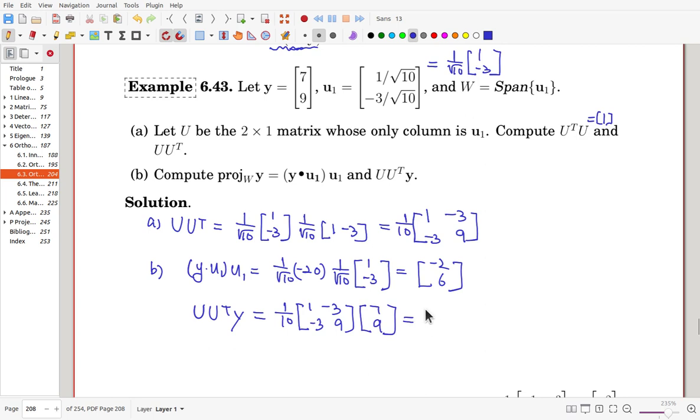We first write the coefficient 1 over 10, and then the products make 7 minus 27, which is minus 20, and minus 21 plus 81, so that is 60. Now divided by 10 makes minus 2 and 6. We see they are the same, right? Mathematically, they must be the same.